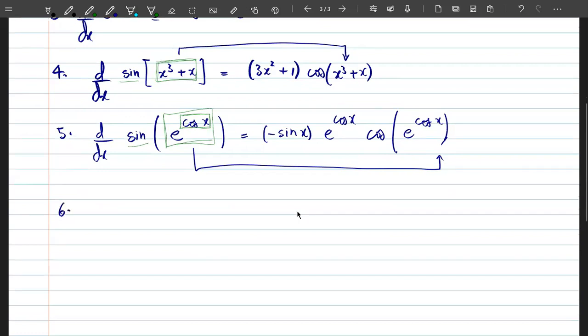The final example. So maybe take a moment to try to write the answer by yourself, and then look at what I'll do.